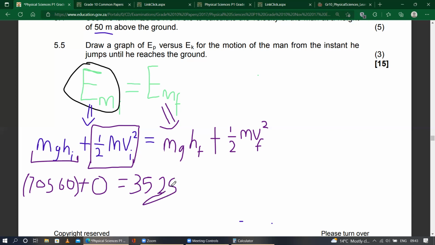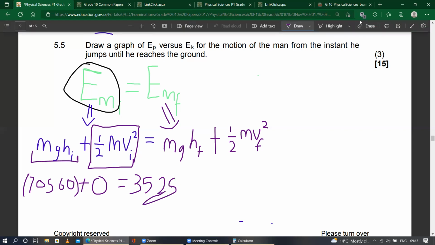Yeah, because this one is actually half of this one, off of 72. Yeah, half of the 70,000, because 50 is half of 100. Okay, I see.